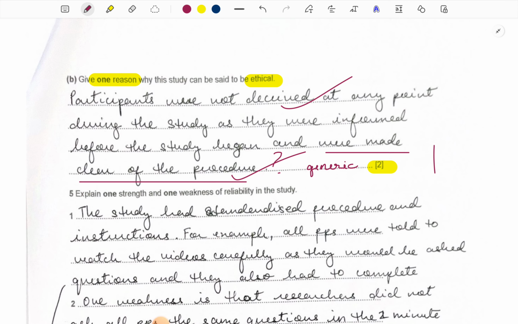When you see in the textbook they've made a point like participants were not deceived, they've mentioned, and anyway you should know, they were not deceived about the fact that they would have to watch videos and then answer some questions on photo arrays that were presented in connection to those videos.